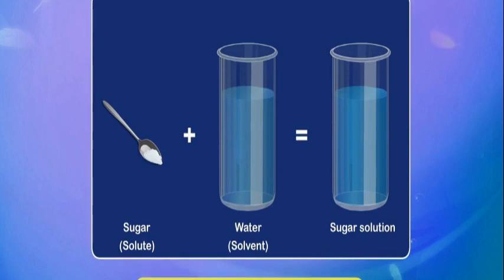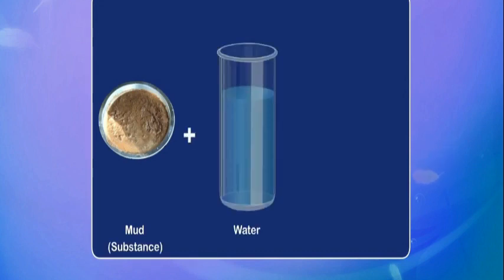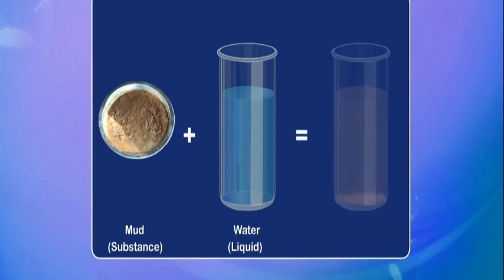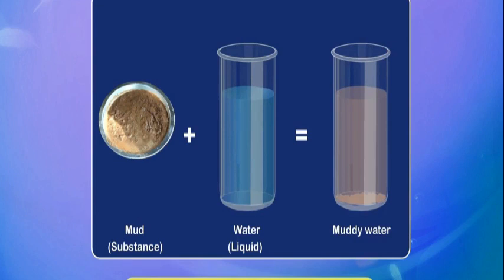Solution is formed as sugar is soluble in water. Mud, that is substance, plus water, that is liquid, equals muddy water. No solution is formed as mud is insoluble in water.